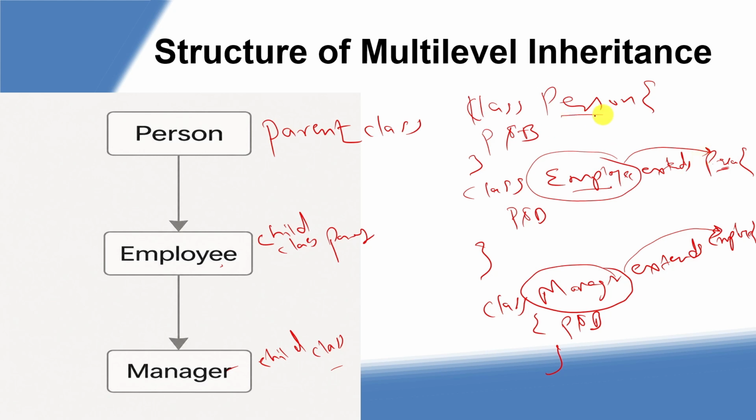So the properties and behavior are transferred from Person to Employee. Similarly, Manager has the properties and behavior of the Employee class. So we can say Manager has access to the properties and behavior of the Employee class as well as the properties and behavior of the Person class.